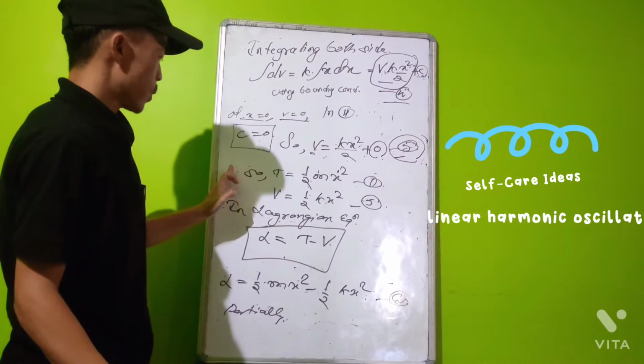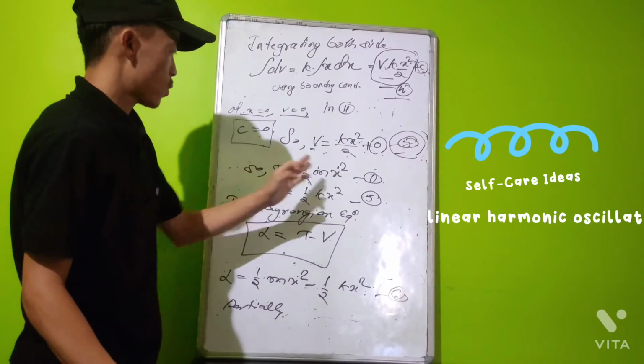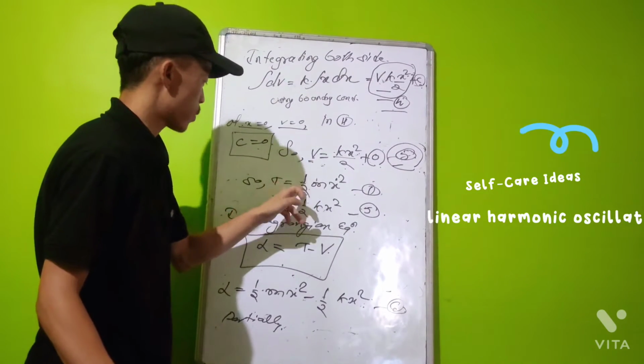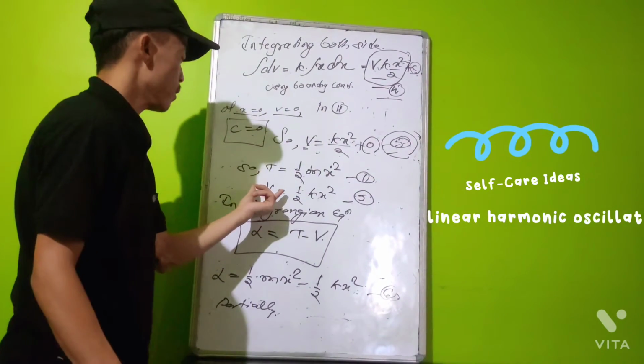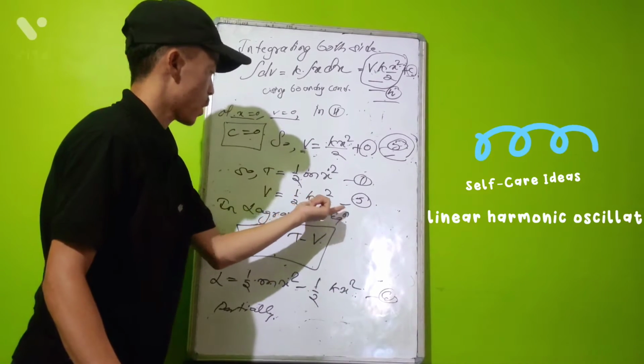In the previous section we had two equations: T is equal to 1 by 2 m x dot square, which is our equation 2, and V is equal to 1 by 2 kx square, which is our equation 5.